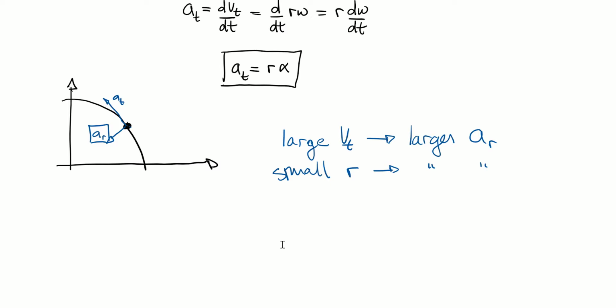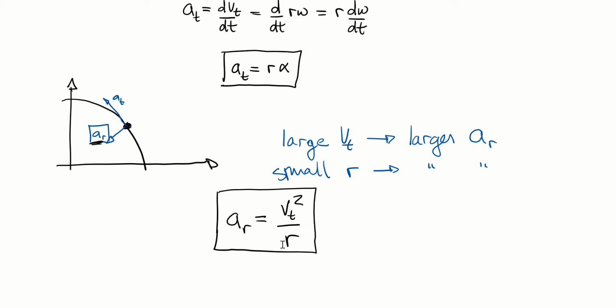So intuitively, you can probably get behind that there's going to be this proportionality where the faster you're moving, you're going to need a larger radial acceleration to describe that motion, and the smaller the circle is, the larger it is too. It turns out the actual equation is that tangential speed squared divided by the radius, v_T squared over r, is how we quantitatively calculate the magnitude of that radial acceleration.